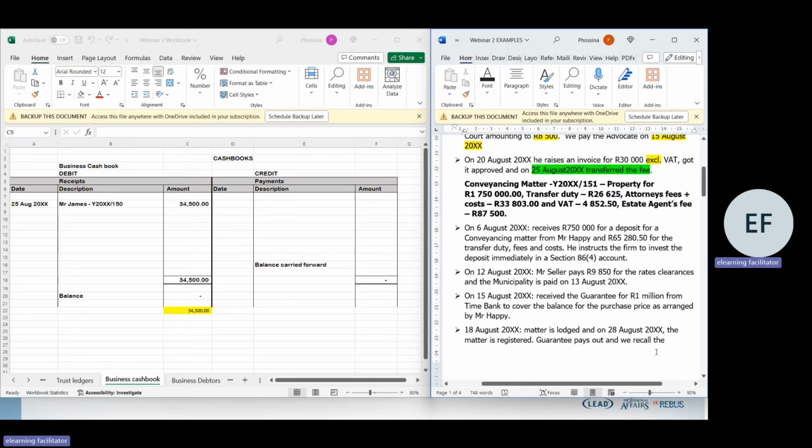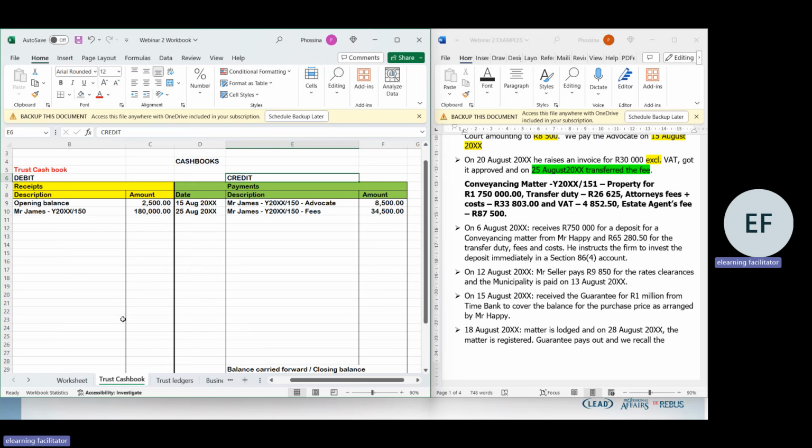Mr. Happy instructs the firm to invest the deposit immediately in a Section 86(4) account. You understood, we explained about the investment accounts, and now we are putting this into practice so that when you attend to the assignment and in your day-to-day practice, you are able to record these transactions.